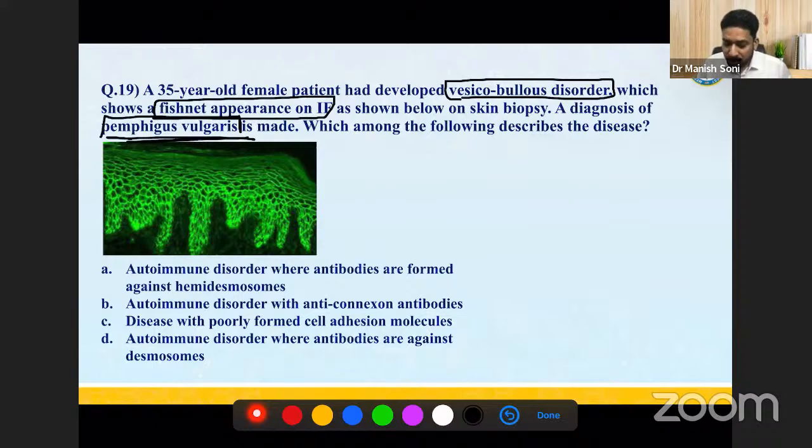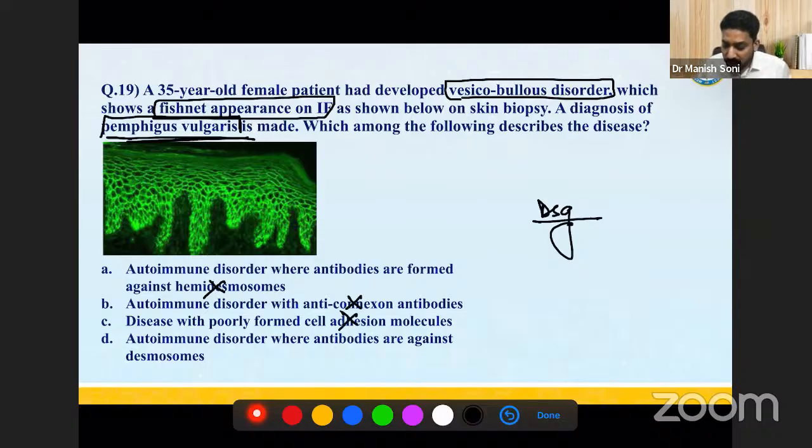Autoimmune disorder where antibodies are formed against hemidesmosomes? No, they are formed against desmosomes. That is desmoglein. Autoimmune disorder with anti-connexin antibodies? No. Disease with poorly formed cell adhesion molecules? No, here cell adhesion molecules are not poorly formed. Actually, they are destroyed because of the antibodies formed.